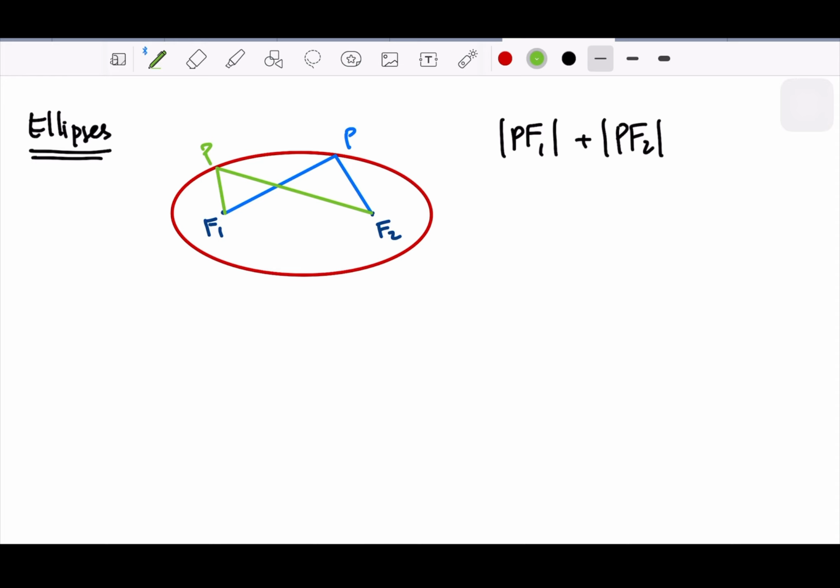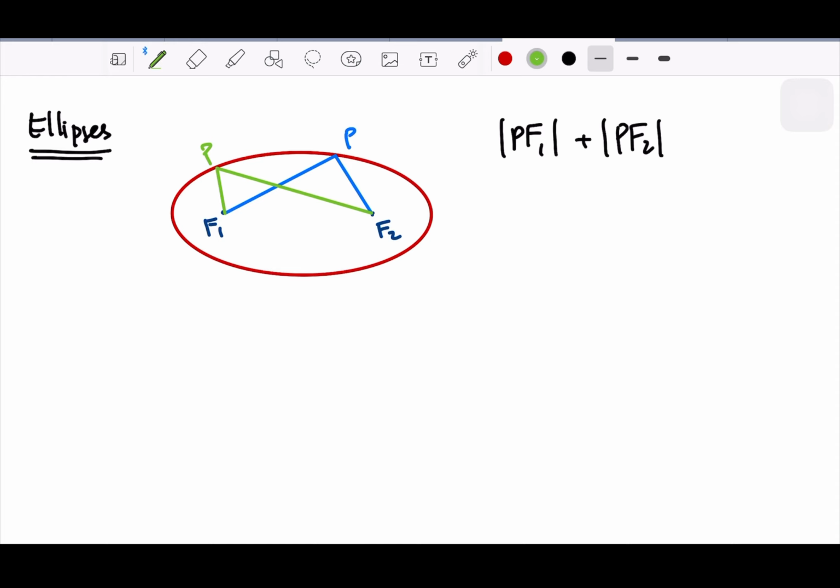Okay, so we will have x squared minus 2cx plus c squared plus y squared, equal to 4a squared minus 4a times the square root of (x plus c) squared plus y squared, plus x squared plus 2cx plus c squared plus y squared.